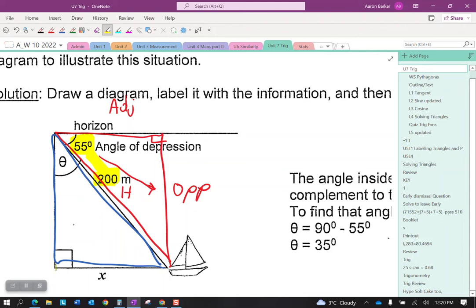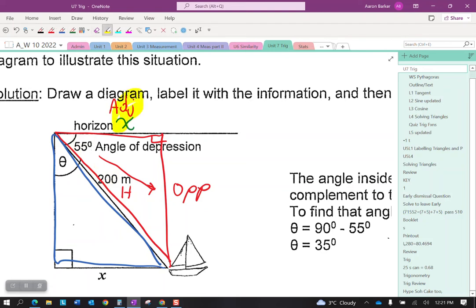But what you have to understand is that X on the bottom is from the yellow line to this red line. Notice it's the same at the top. That's the trick. You have to put this X dimension on the top. Okay, so you will always have to do something in order to do these questions. So now we're trying to find X. We have the adjacent side.